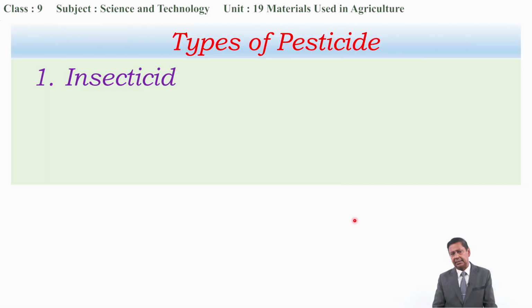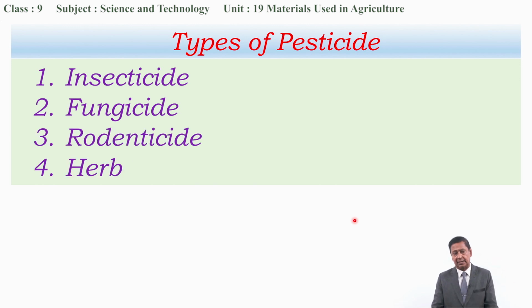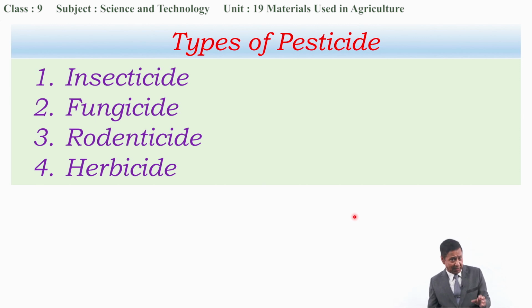What are different types of pesticide? Insecticide, this is a kind of pesticide. There is another, fungicide, there is another, rodenticide, herbicide, there are many. All these come under pesticide, but especially if a chemical substance is used to destroy or to control or to kill insects, it is called insecticide.